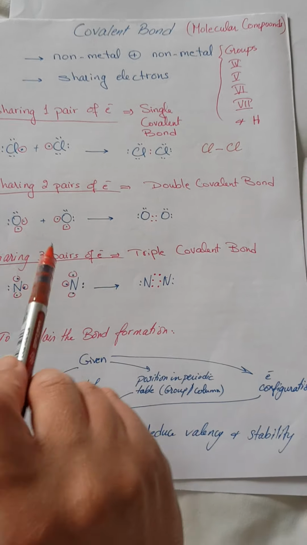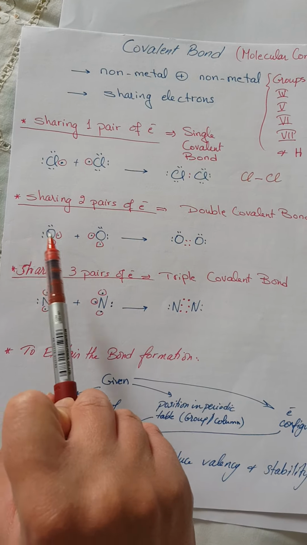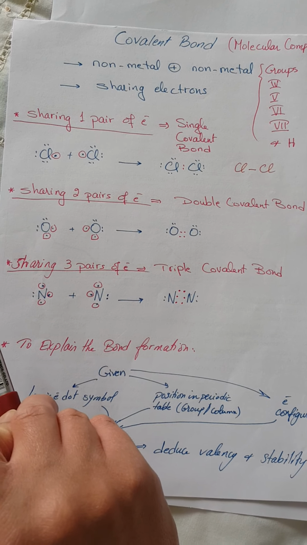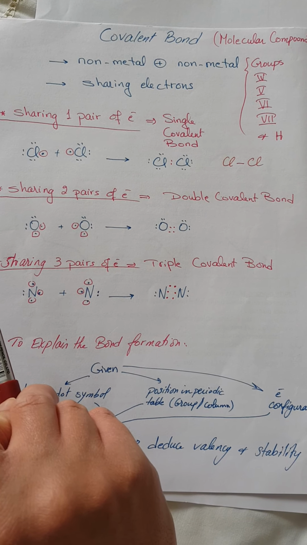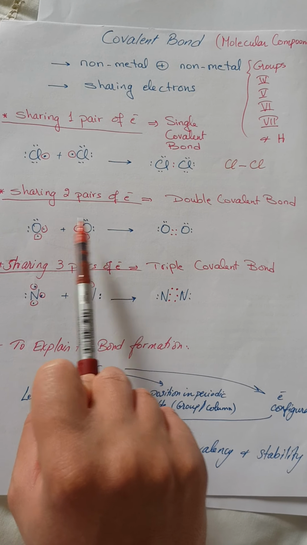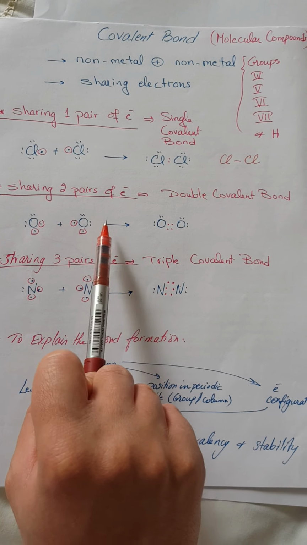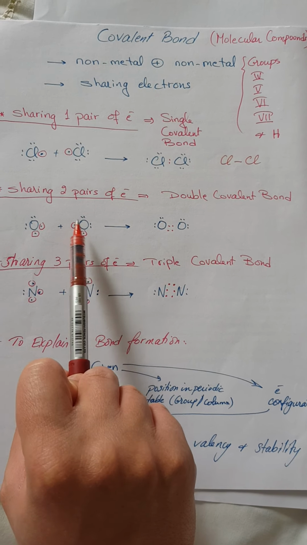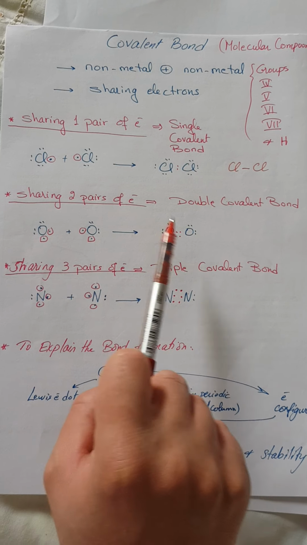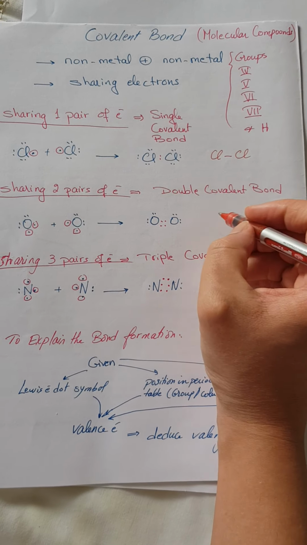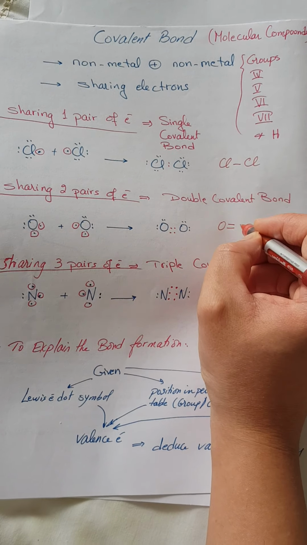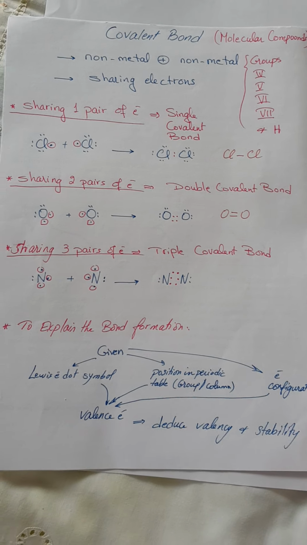Okay? Another example. Here oxygen needs 2 electrons to become stable. So each oxygen atom will share 2 electrons to form a double covalent bond.